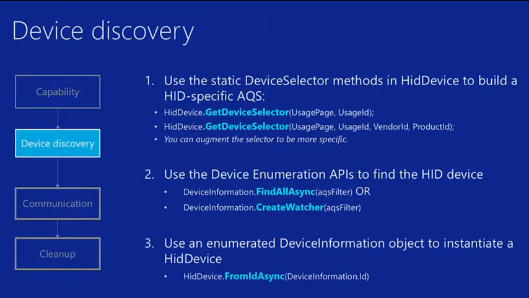And the way you do that is you call FromIdAsync on the HidDevice class, and you pass in the DeviceInformation.Id. What FromIdAsync is essentially doing is calling open or CreateFile under the covers to open and give you back a handle to the device.